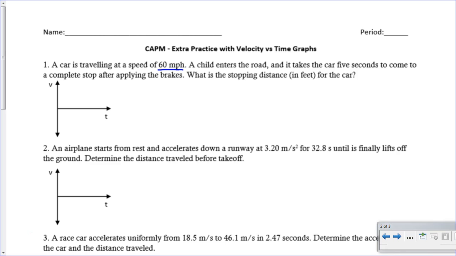Unfortunately, I ask you for something in feet and I give you the time in seconds. So the first step in this is actually to convert that 60 miles per hour to something that's a little bit more useful. So we take 60 miles per hour, and we're going to convert it to feet per second. We know that in 1 mile, there's 5,280 feet.